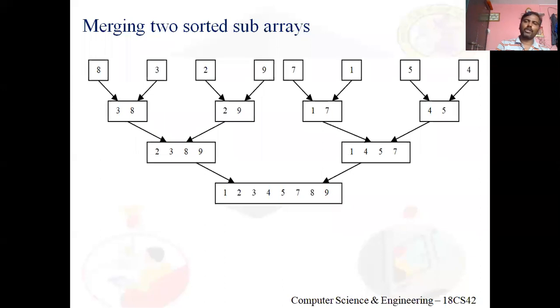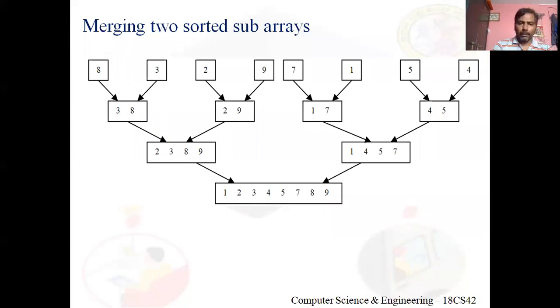This process should be done: compare the elements pointed by I and J, and copy the smaller one to position K in the final solution. Then increment I or J, depending on which element I copied to the final solution, and K to point to the next position.